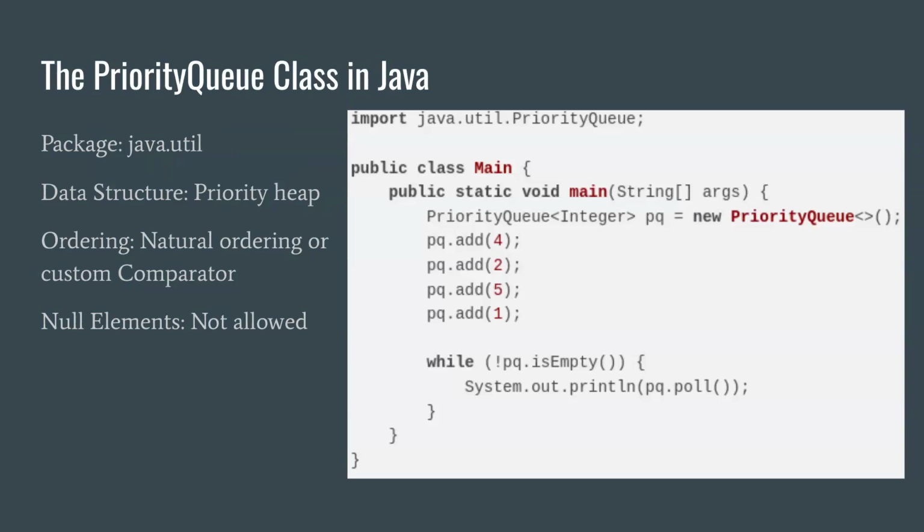Elements in this queue are ordered based on their natural ordering or a custom comparator if provided during construction. We'll show some more examples of this in subsequent slides. So it's important to note that priority queue does not permit null elements. Therefore, all elements in the queue are valid.